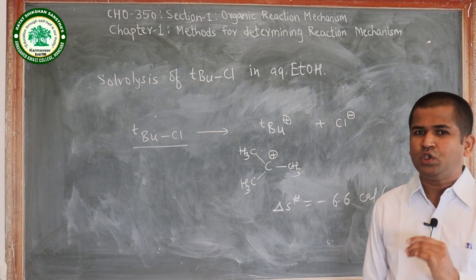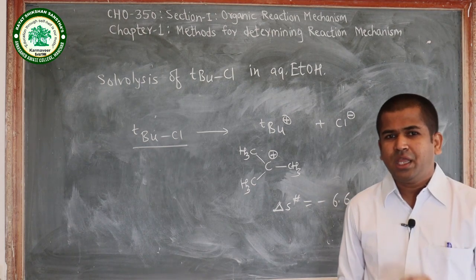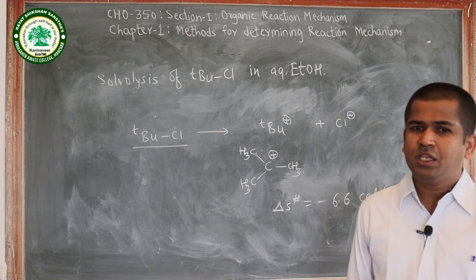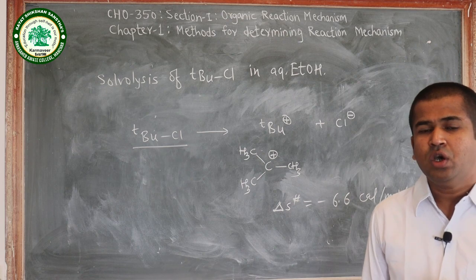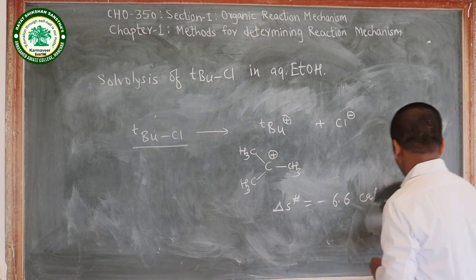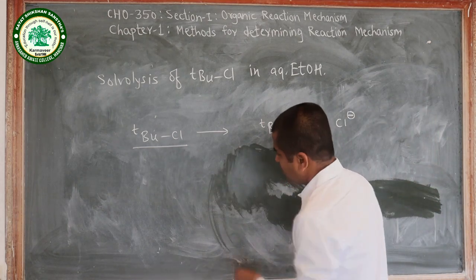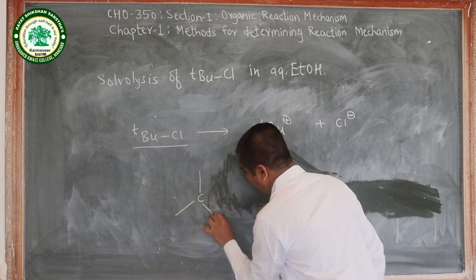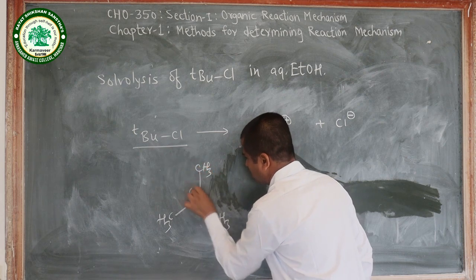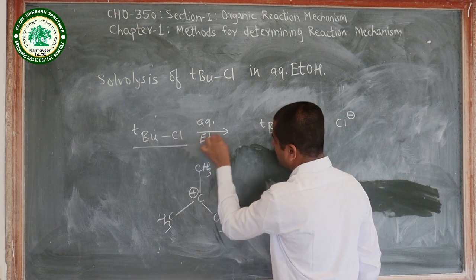The negative entropy of this reaction indicates that there is loss in the degree of freedom of the product ions, and this loss in degree of freedom is due to the solvation of the ions in this reaction. So here see how the solvation takes place. Suppose the tertiary butyl cation in ethanol, here the solvent is aqueous ethanol.